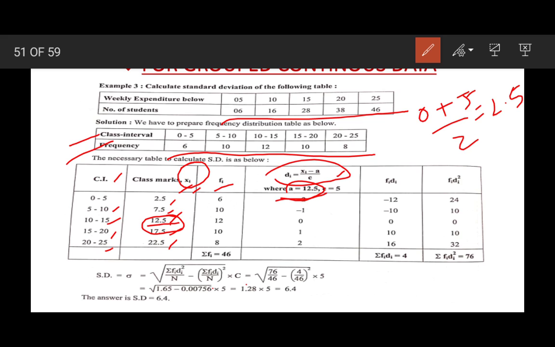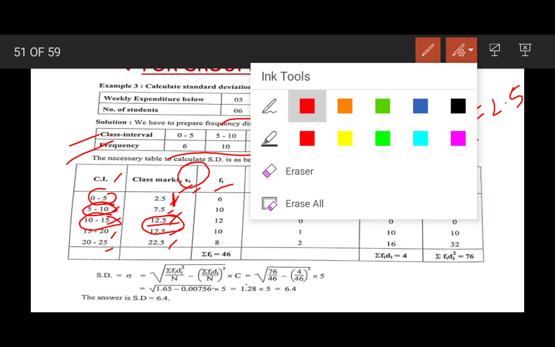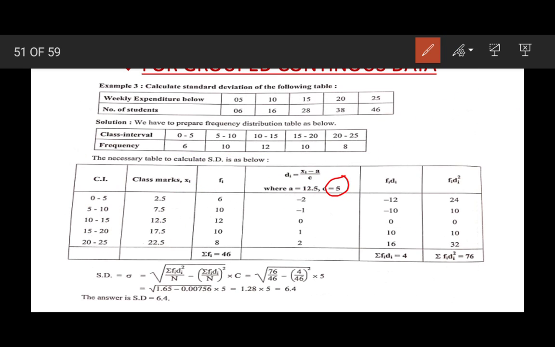So a is 12.5 and c is 5. Why 5? Because the difference between the class intervals is 5. Right? Here the difference is 5. So I am taking the common difference as C. So C is 5 and A is 12.5. This middle term I am taking as A and the difference I am taking as C.